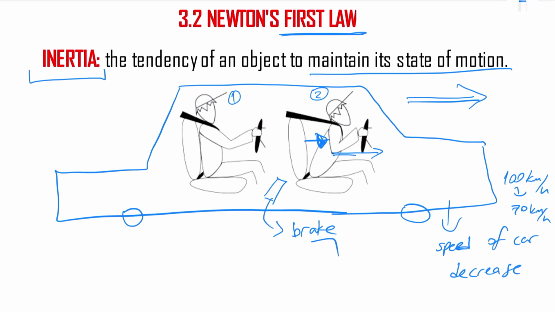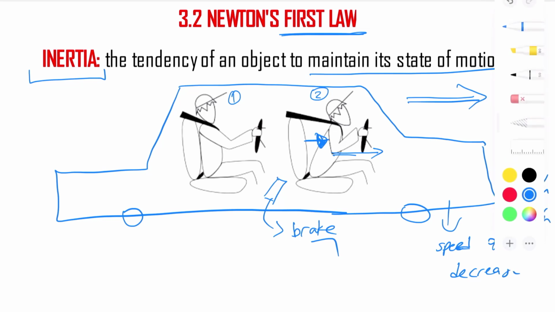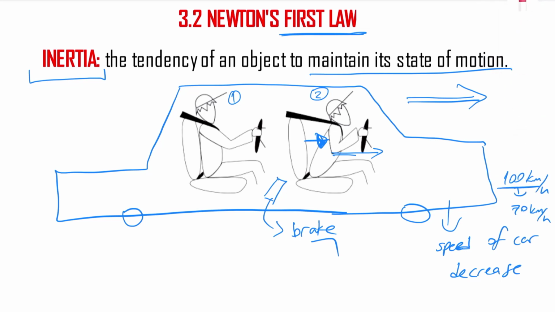But in the case of a crash, for example, the velocity of the car is again, let's say, 100. In the case of a crash, the velocity of the car drops directly from 100 to 0. So it stops instantly when it hits anything. In this case, the velocity of the guy in the car is 100. So what will happen?